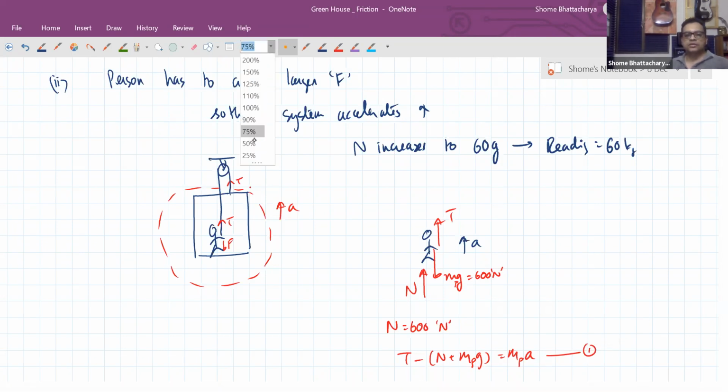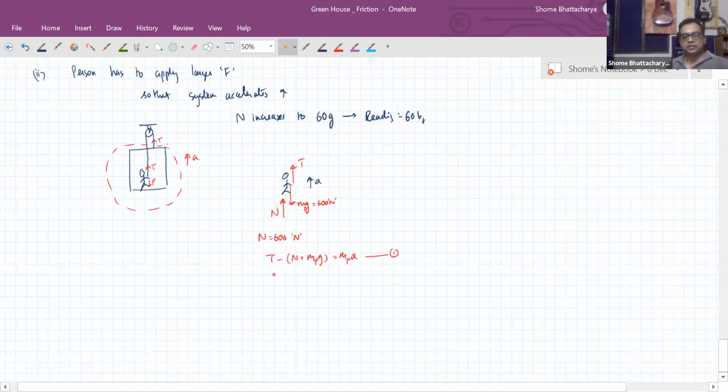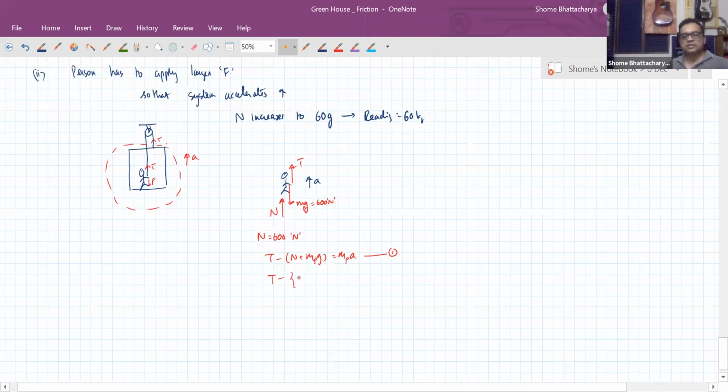So this gives T minus 600 plus 600 should be equal to 60E, or T minus 1200 should be equal to 60E.